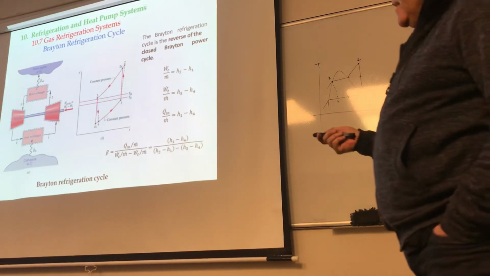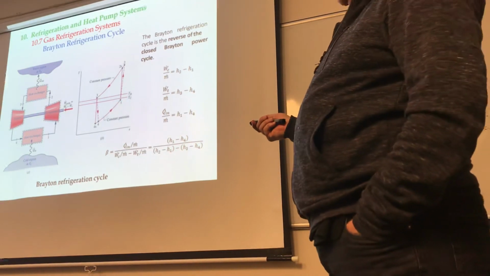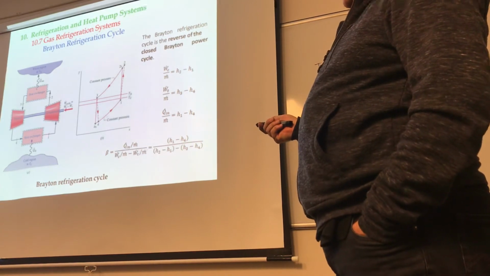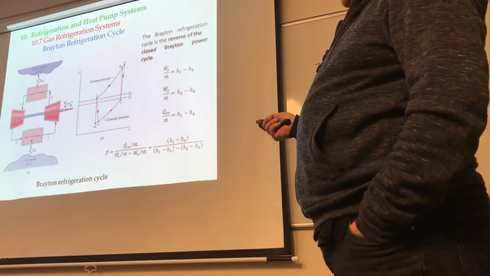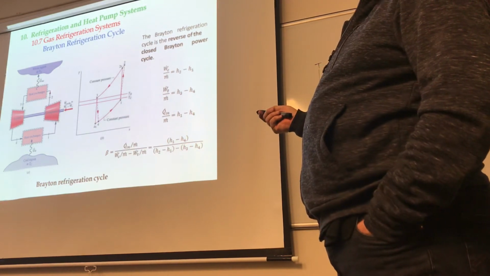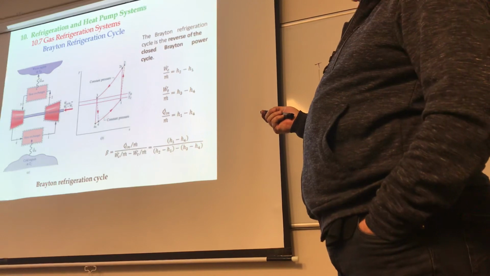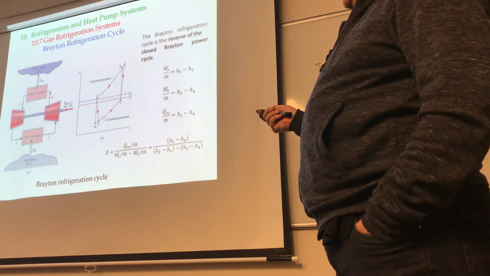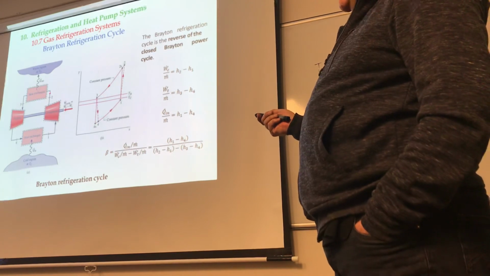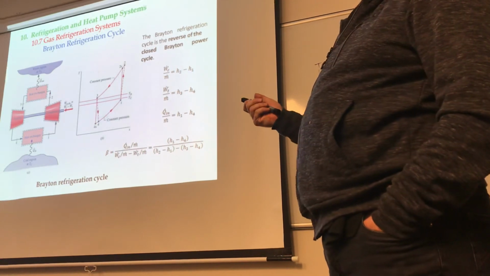So again, remember, state number one is always the entrance to the compressor, okay? So what do you do with your working fluid? You're compressing it. In the process of going from 1 to 2, you're increasing the pressure, you're increasing the temperature, right? So then you pass it through a heat exchanger. And here we don't call it a condenser.